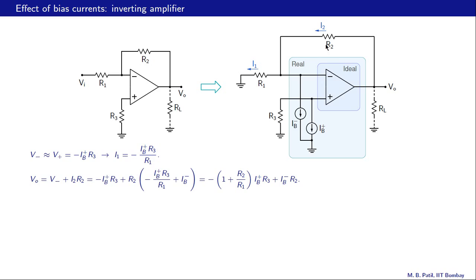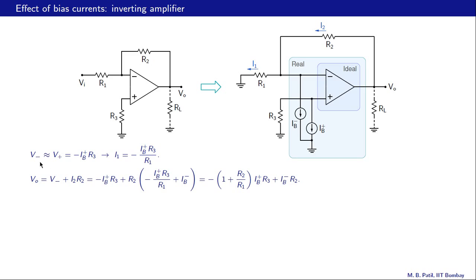What about I2? I2 is I1 plus IB minus. And now we can write an expression for VO. VO is V minus plus this voltage drop. So that is what we have here, V minus plus I2 R2.